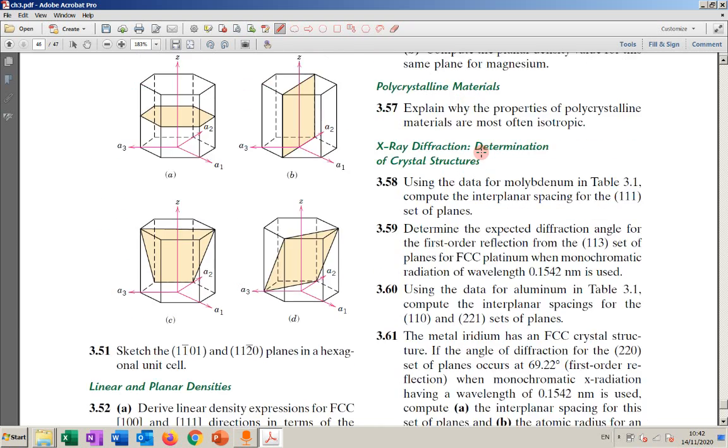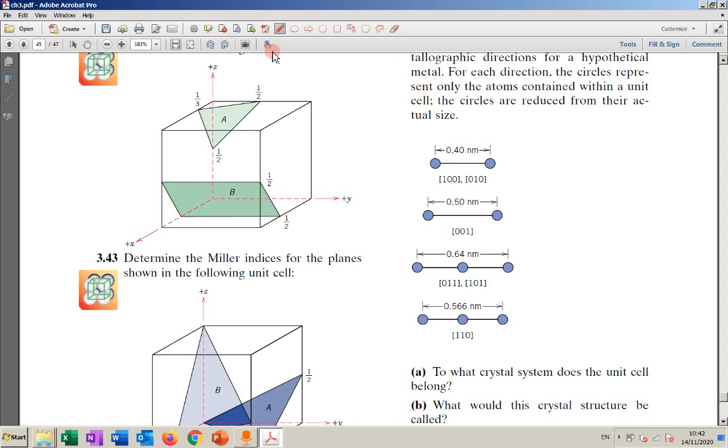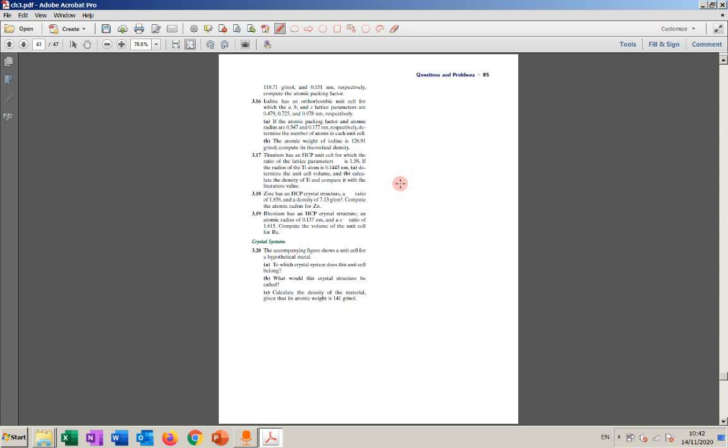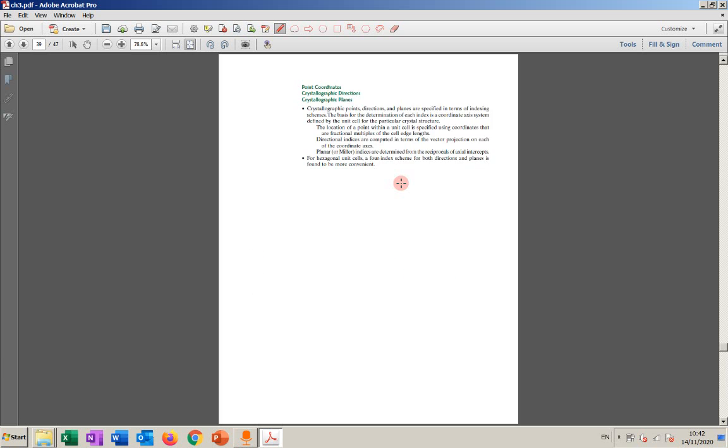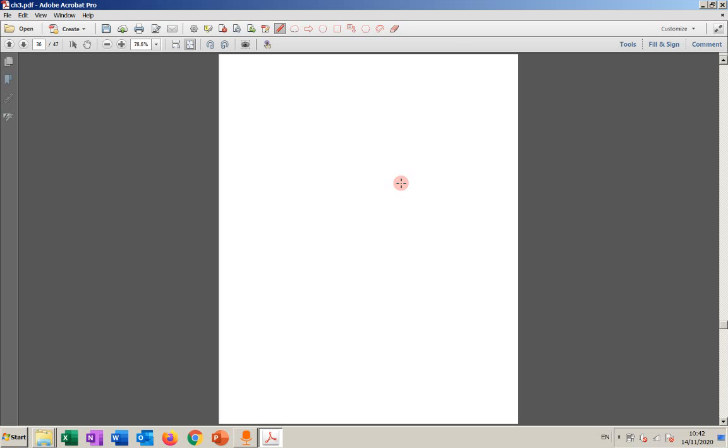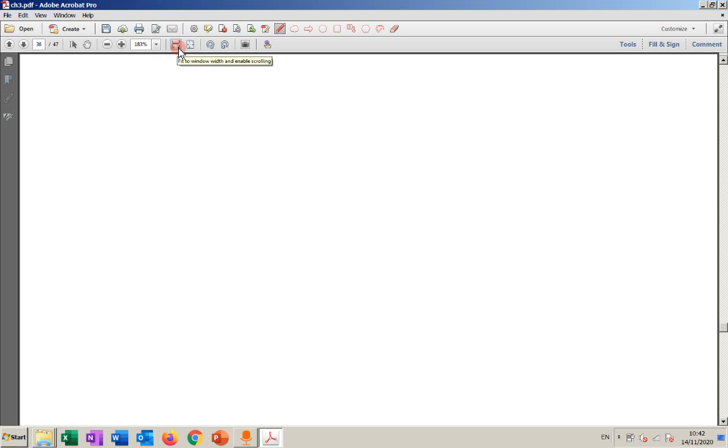Now let's explain this one in more detail. We need some other information. Now we will first start with the BCC crystal structure.